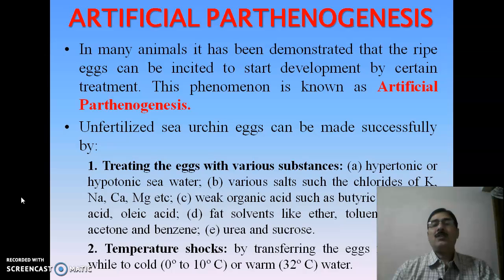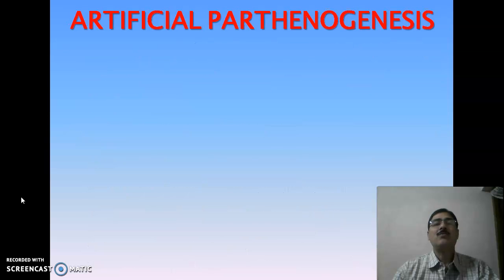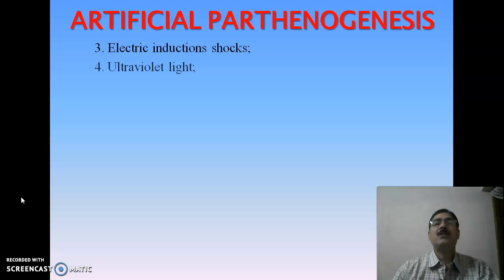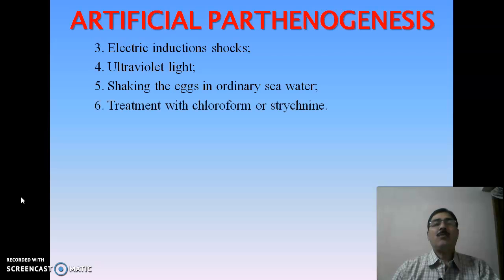Temperature shock, a physical agent, it means transferring the egg for a short while to either very cold, that is 0 to 10 degrees Celsius, or warm, that is 32 degrees Celsius water, can also induce the artificial parthenogenesis. The electric induction shocks, again a physical agent, the ultraviolet rays, again a physical agent, then shaking the eggs in ordinary seawater, a mechanical or physical agent, then treatment with chloroform or strychnine, a chemical agent.